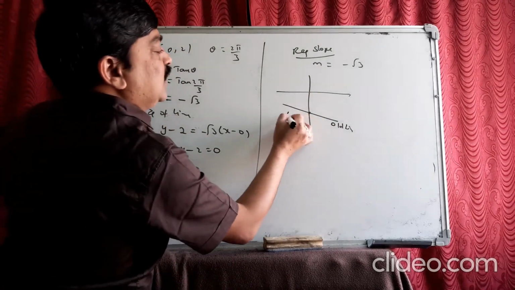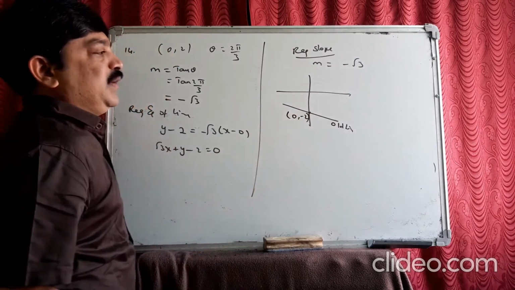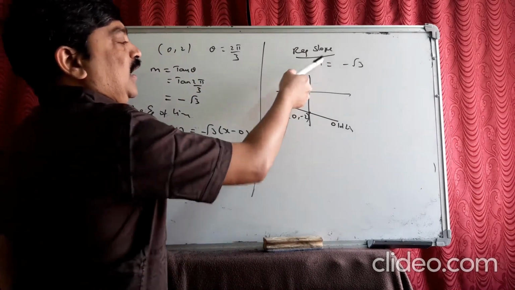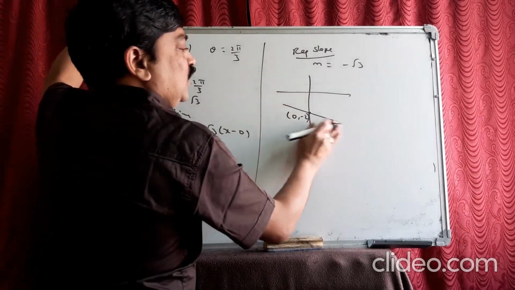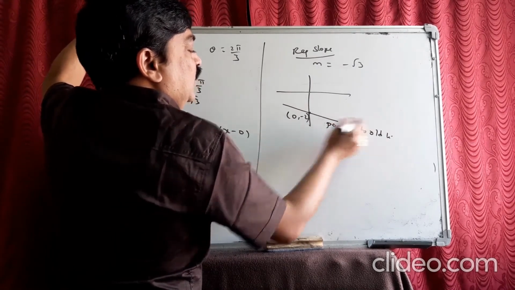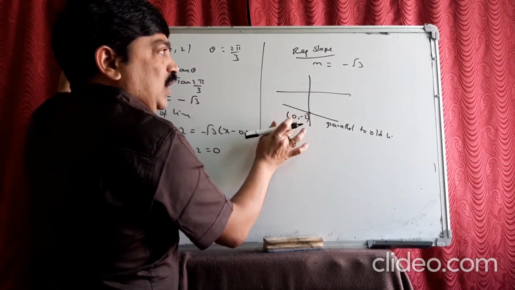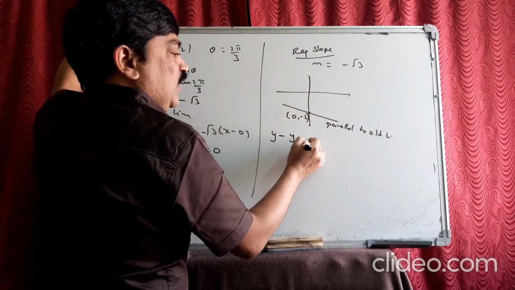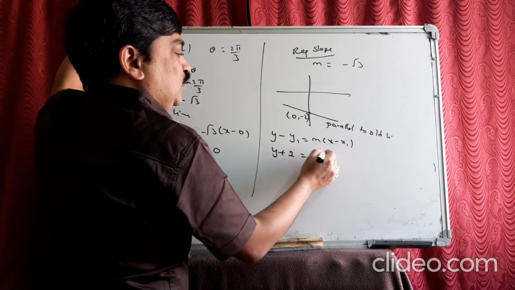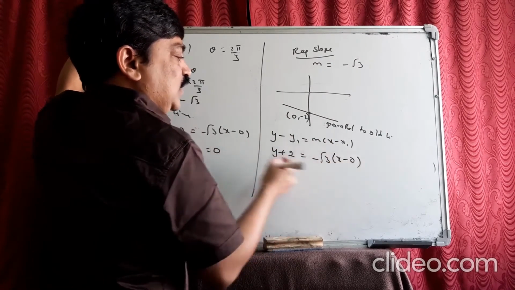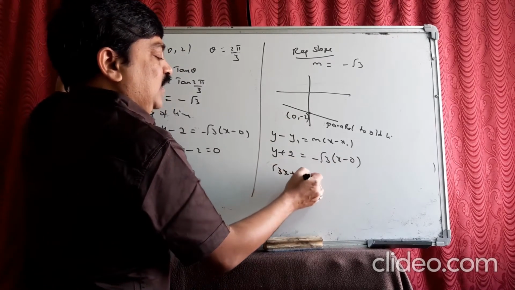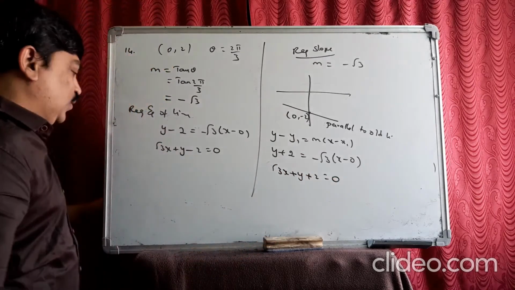That means it is meeting at (0, minus 2). The slope is minus root 3 and the point is (0, minus 2). This is parallel to the old line. That means you have a point and you have a slope. Y minus y1 equal to m into x minus x1. Y plus 2 is equal to minus root 3 into x minus 0. So root 3 x plus y plus 2 equals 0.